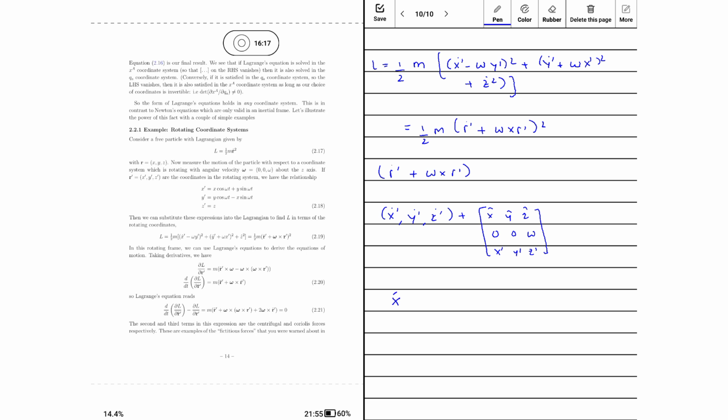It is x hat minus omega y hat. If I just expand this derivative, minus y hat, minus y hat minus x hat w.